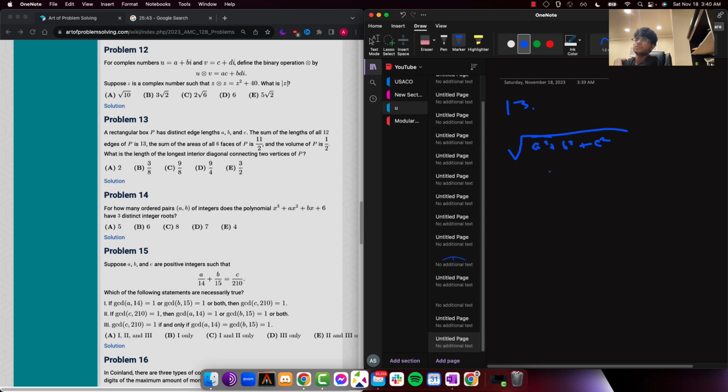And we know the sum of the lengths of all 12 edges is 13. And the sum of the areas of all 6 faces is 11 over 2.